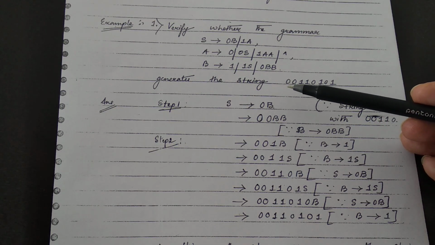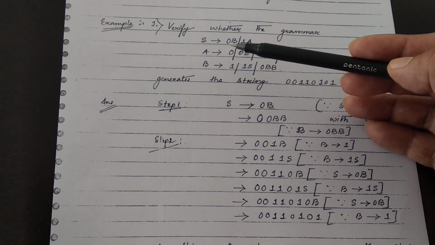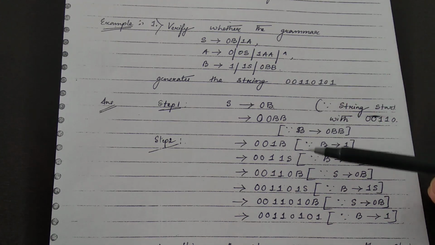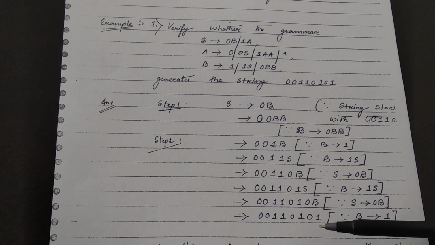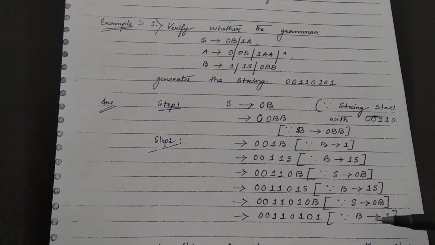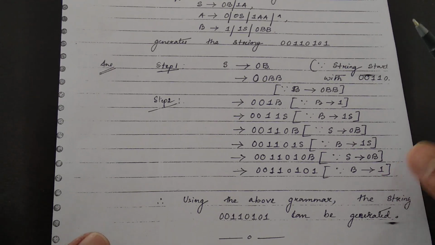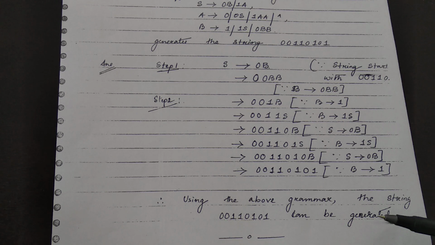So 0 is the first one, so definitely I will take the first production. Again 0, then for B I have to check the production with 0, 1, and similarly on. So by finding this, you will get the string, and you have to mention all the productions. Therefore, we can finally say that using the above grammar, this string has been generated.